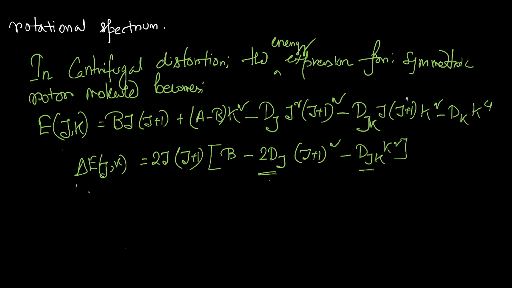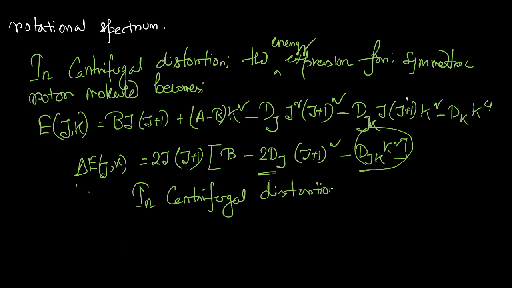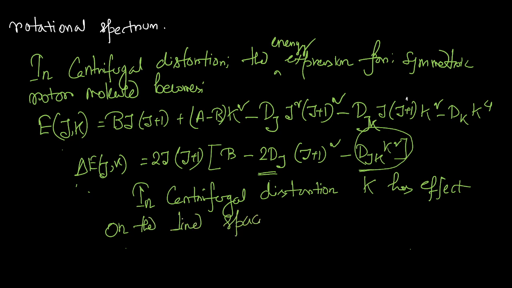You can see that the third term has K. So in centrifugal distortion, K has an effect on the line spacing in the rotational spectrum.